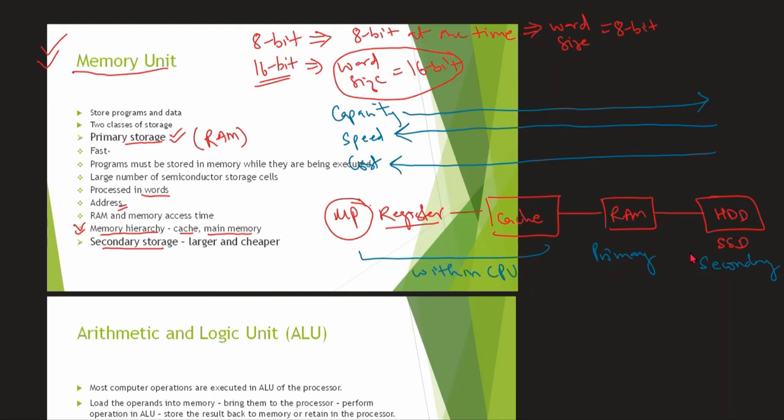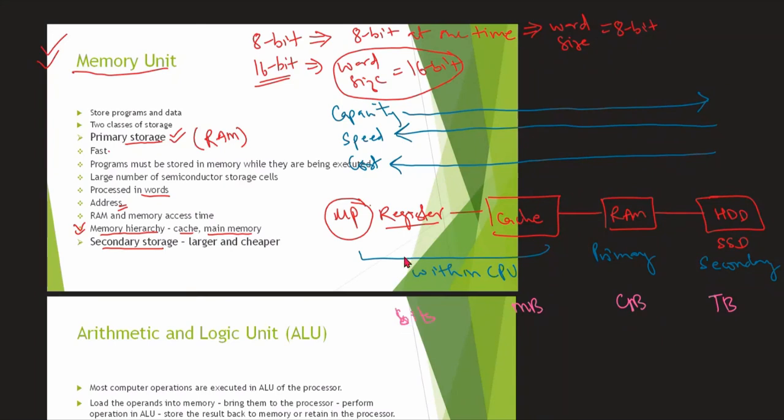For example, in a computer system, hard drives or SSDs are in TB. We have a 1 TB hard drive or SSD. RAMs are in GB. Cache memory is in MB. And registers are in bits.